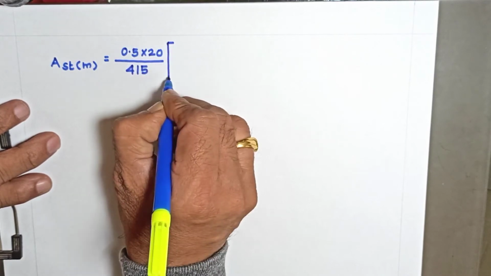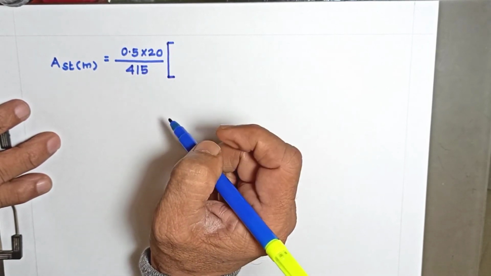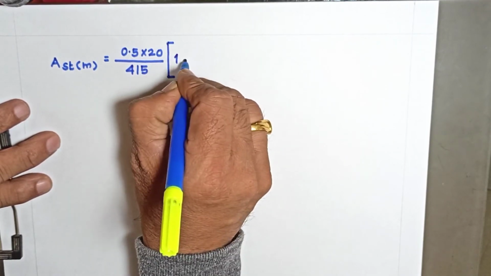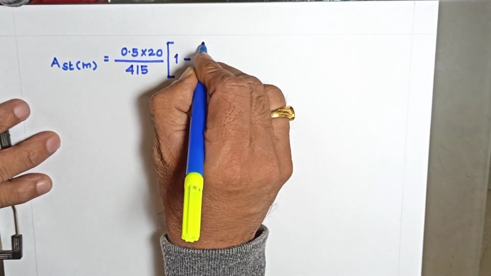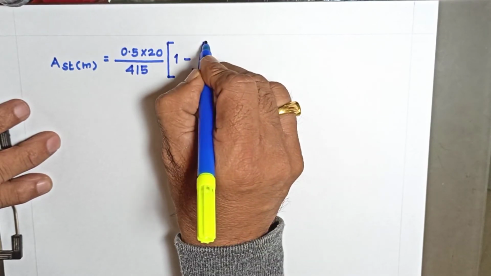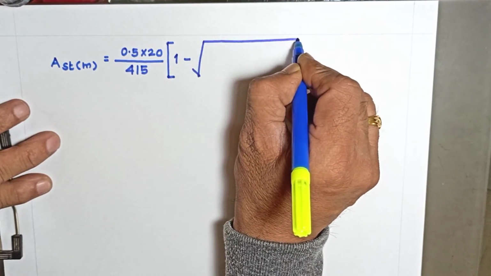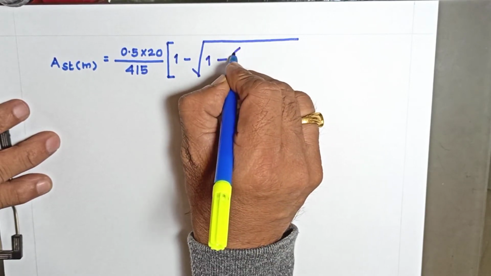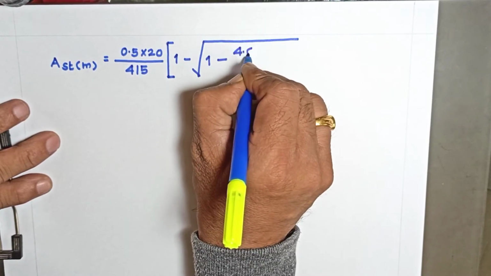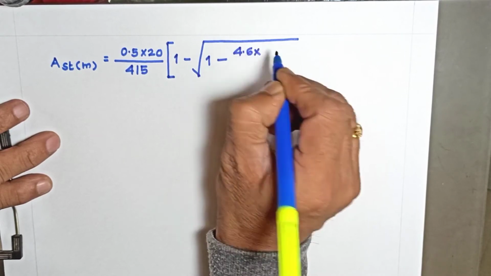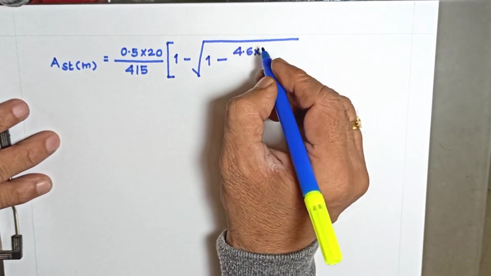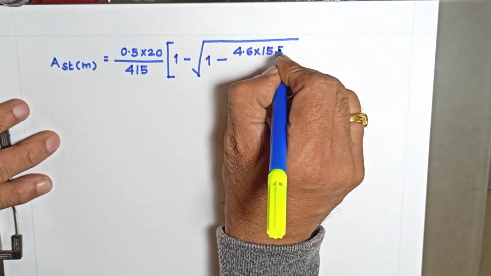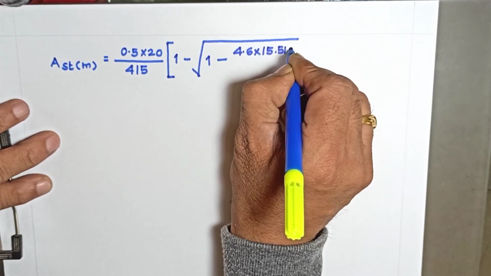Right, systematically it will eliminate the possibility of error. 1 minus under root of 1 minus 4.6 MD, that is design moment, is 15.51 into 10 raised to 6.